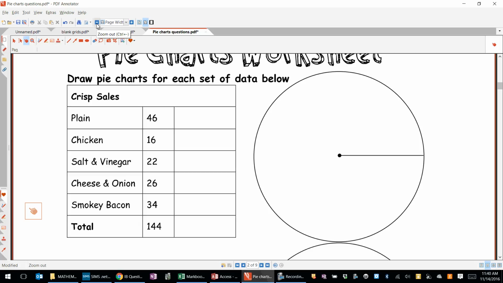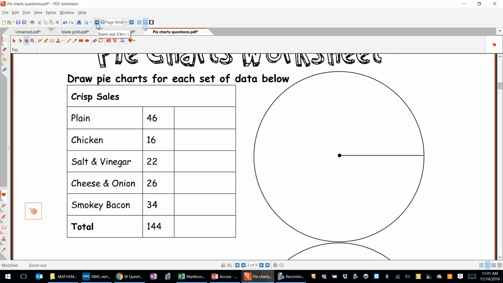What would the numbers be? The numbers in the table. So we've got the flavors of crisps. How many people bought each one? Okay. So this pie chart that we're going to create is about how many people bought each flavor. And then we're going to put this information in a pie chart.